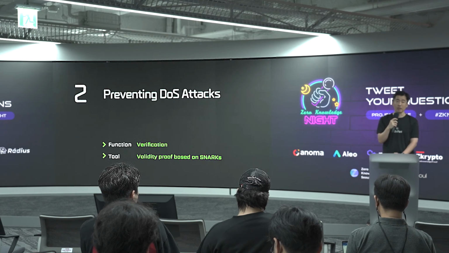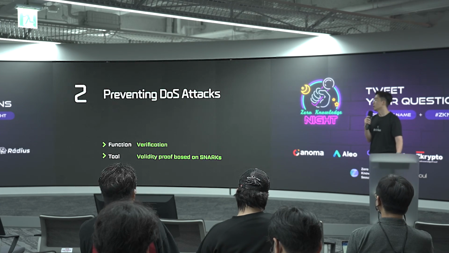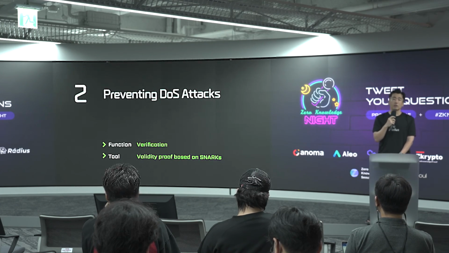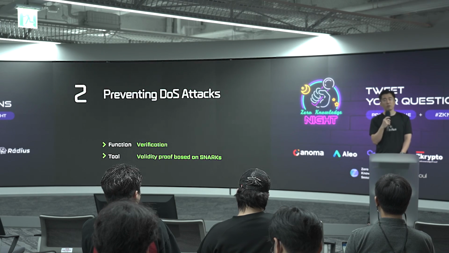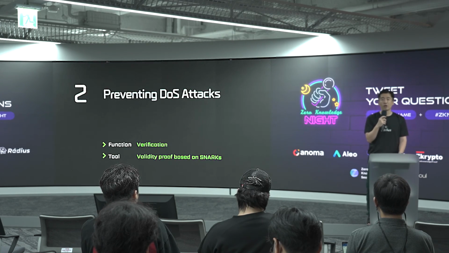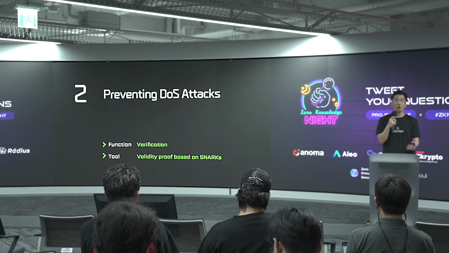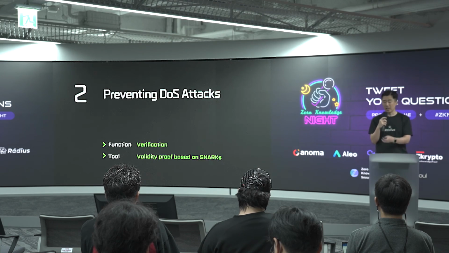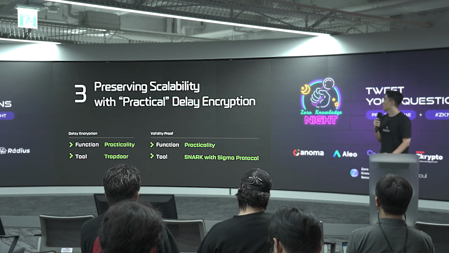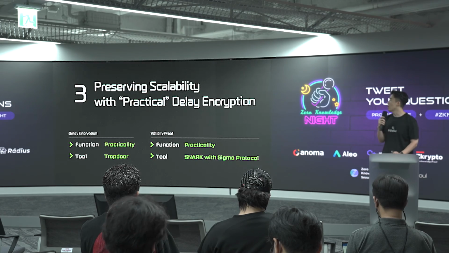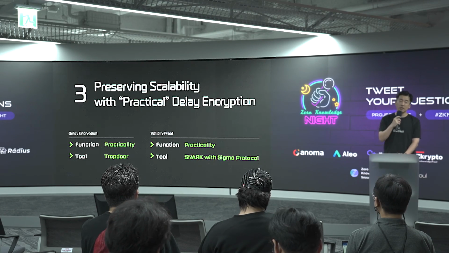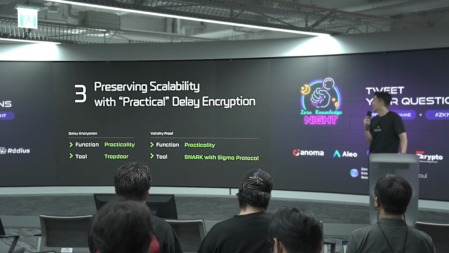But it turns out that it's really difficult, almost impossible, to turn those timelock puzzles and encryption into ZK. So that's why we came up with some kind of practical delay encryption.